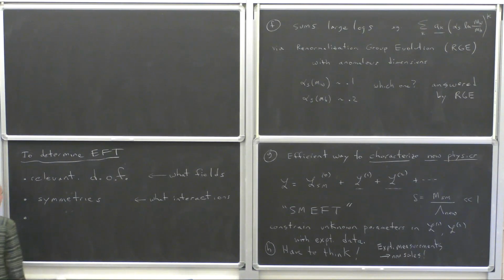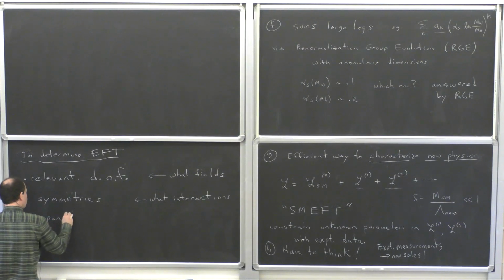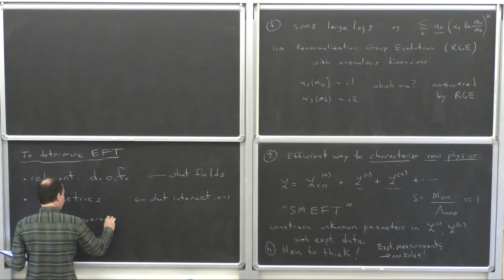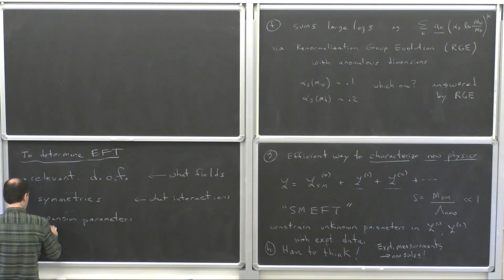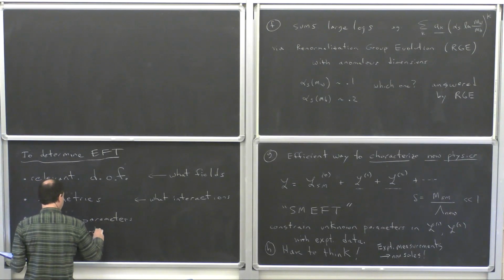And then the third thing is, what am I expanding in? And sometimes, that's also relevant to think about when you're answering the first question. But I should really be careful to enumerate all the things I'm expanding in and figure out what the leading order description is, because that's where I'm going to start.